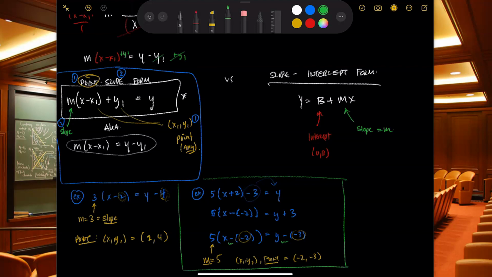Make sure it lines up with what you know about this form, either this one or this one. Okay, so if you see a plus, think, is that really plus, or does it need to be rewritten to be in this form? It's only in this form that it really represents the linear function and those what we call parameters of slope and the line.